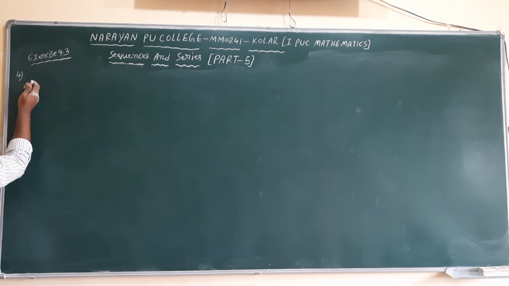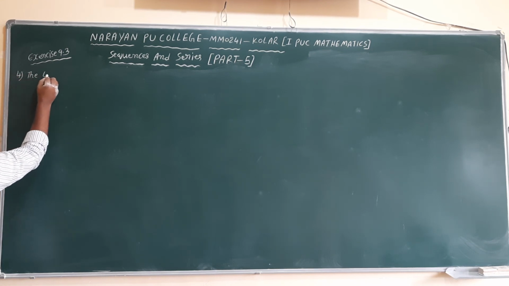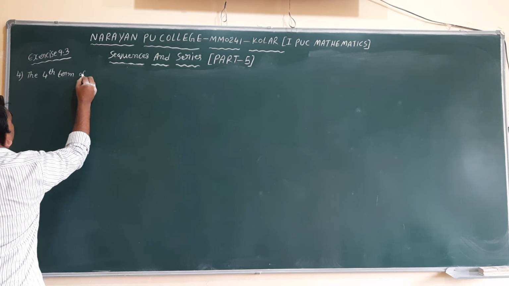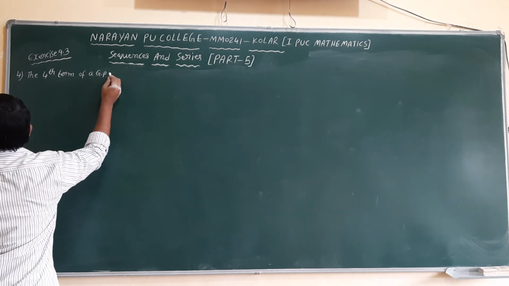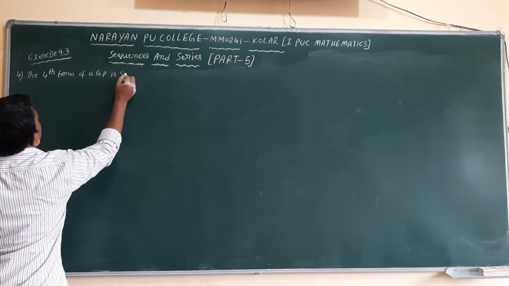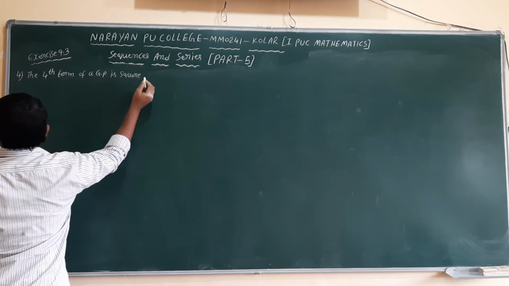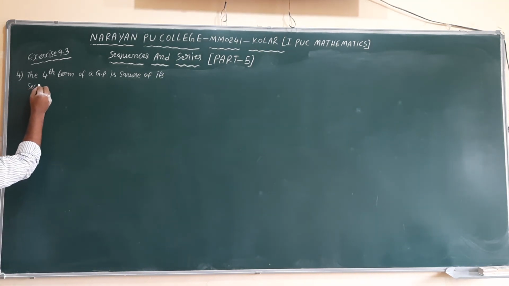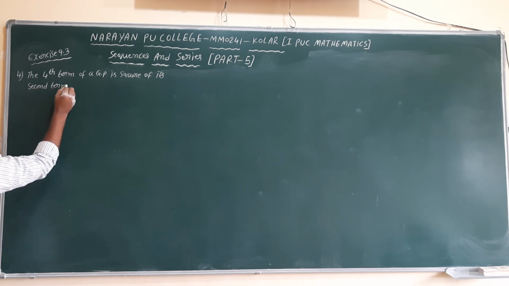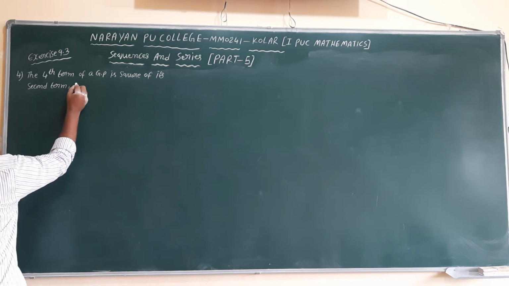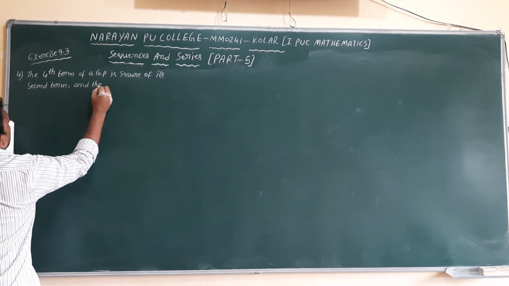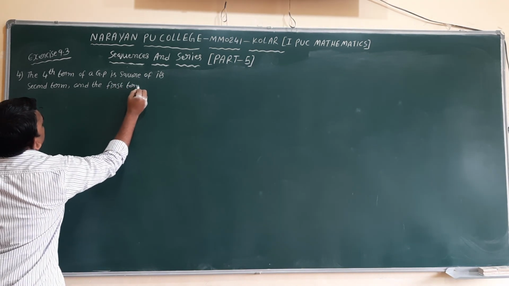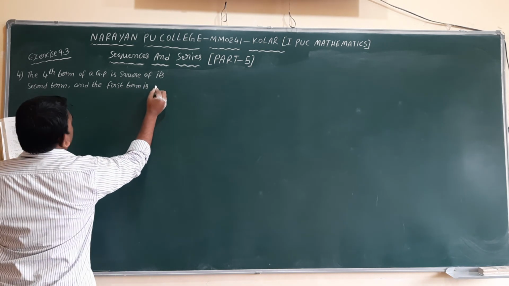Next question. The 4th term of a GP is square of its second term, and the first term is -3.